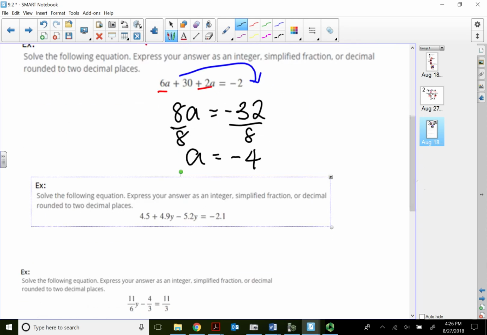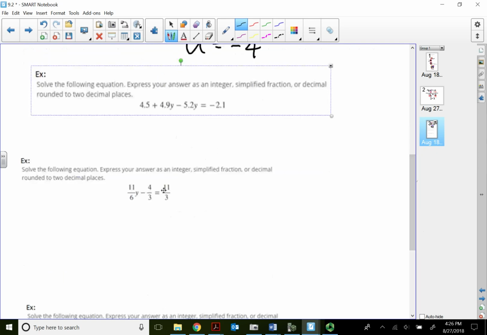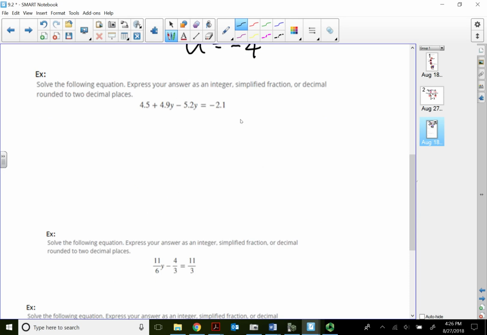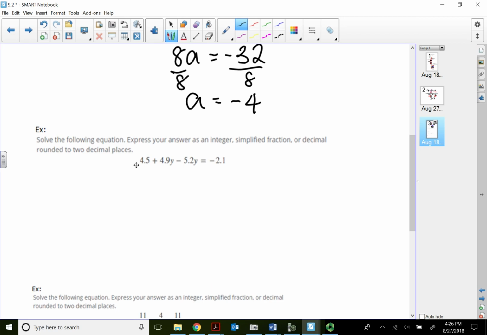All right, when it comes to dealing with decimal equations, there are 2 different techniques again. We can either work with the decimals or I can clear the decimals. When it comes to clearing the decimals, the idea is to make sure all your terms or coefficients are going to be whole numbers, integer based.